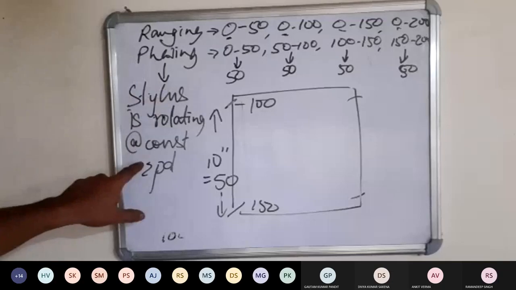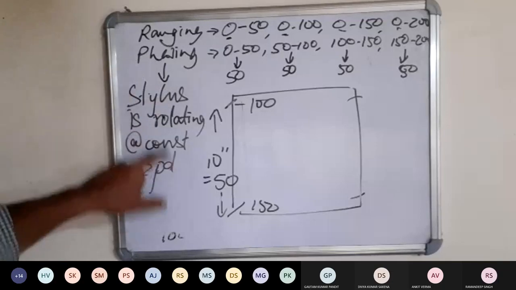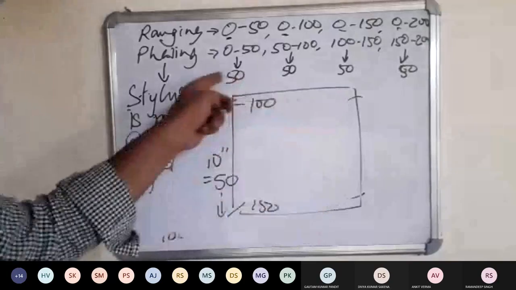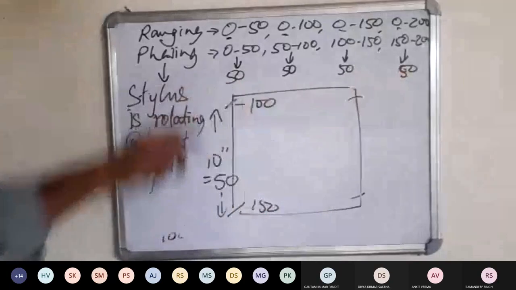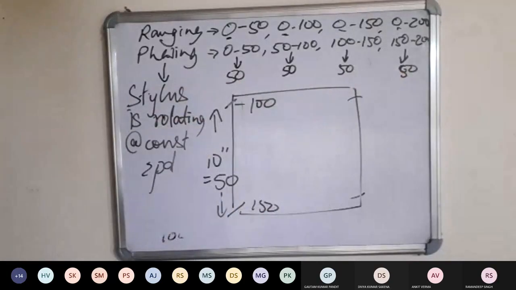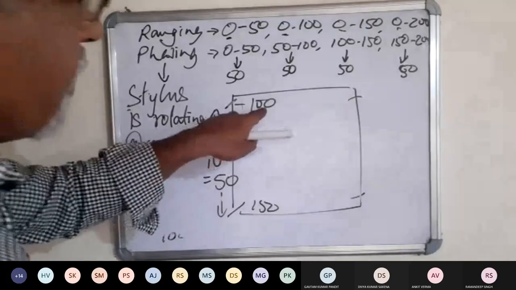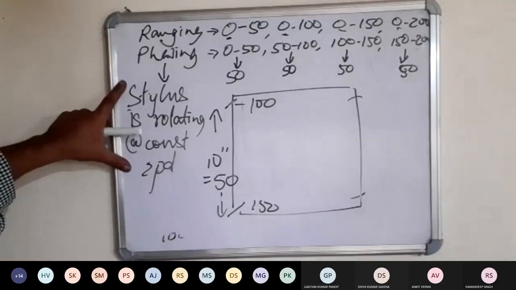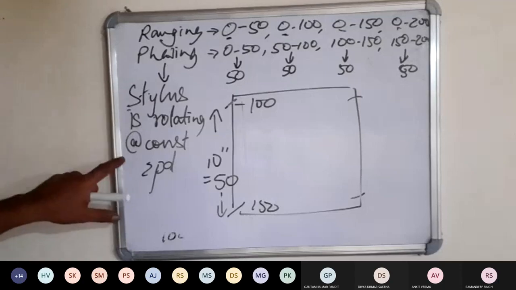In phasing, the stylus is rotating at constant speed because upper and lower range, the difference is always the same. Now, how is it done, that the top shows 100 and here 150? How did this happen? So not only this is done, the stylus is rotating at a constant speed.